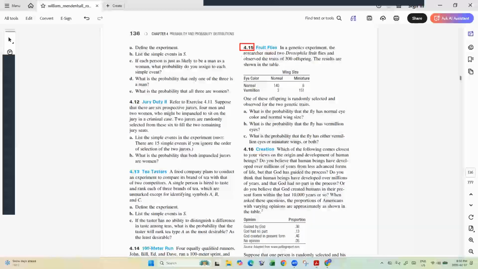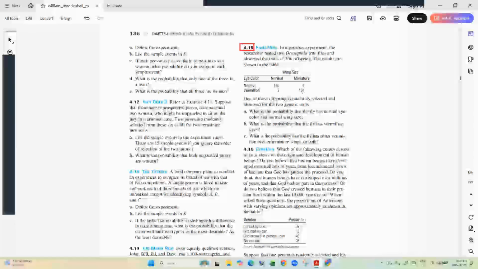Exercise 4.15. In a genetics experiment, the researcher mated two Drosophila fruit flies and observed the traits of 300 offspring. The results are shown in this table.